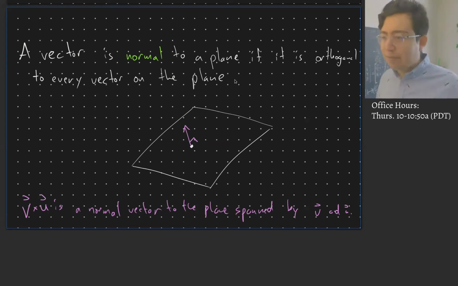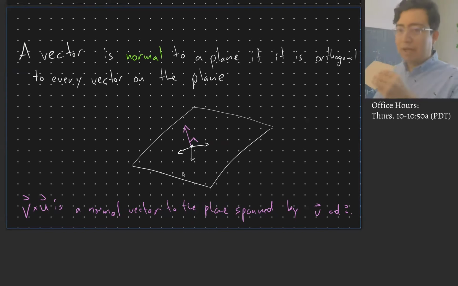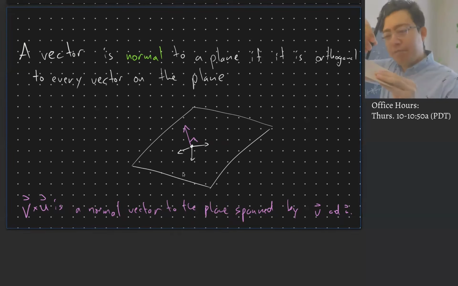But basically you can draw all of these different vectors that live on the plane, and this is going to form a right angle with those. You can picture it another way. For example, I have here a piece of cardboard, and you can put a pen there, and that's acting like your normal vector. That's how you should picture it. Okay, cool.